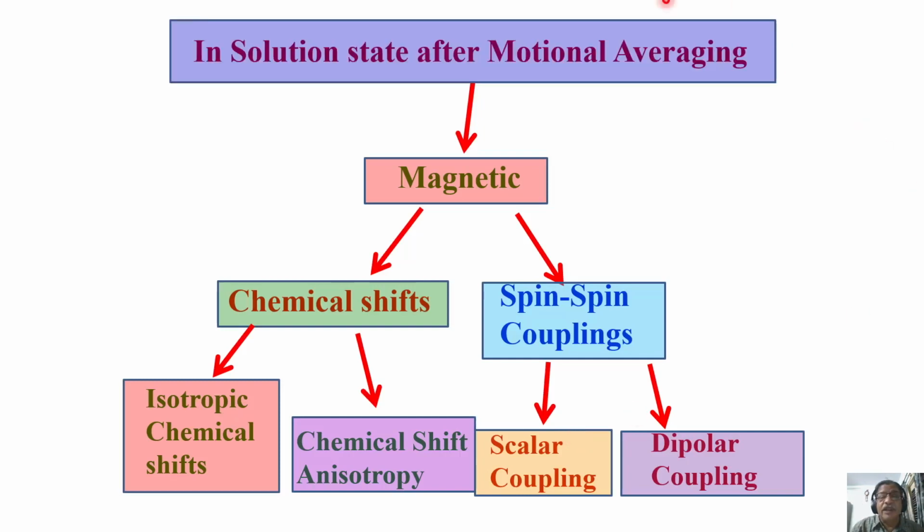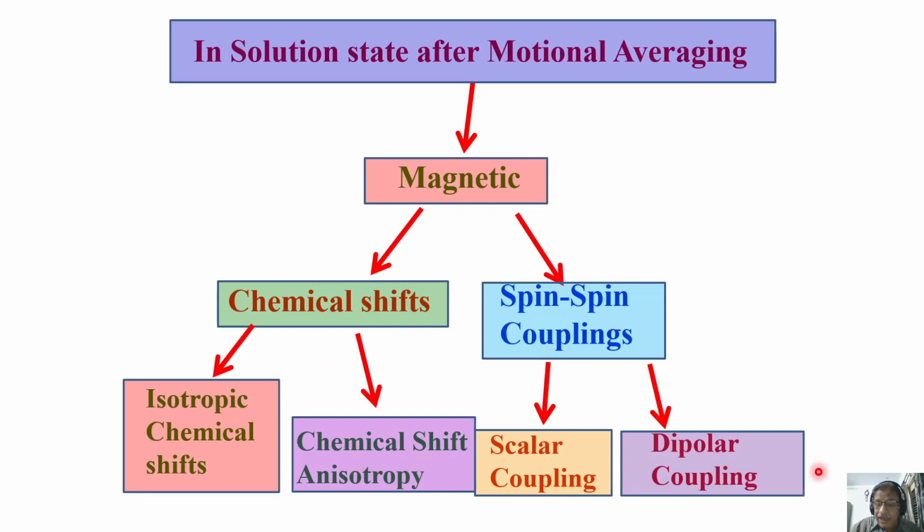See, when I go to the solution state, when I take into account the motional averaging, the anisotropic part will disappear, because I told you anisotropy means you measure the value in different directions. When there is a rapid tumbling motion going on, when the averaging of the motion takes place, all this anisotropic part goes to zero. You will not see this effect in the NMR spectrum in the solution state.